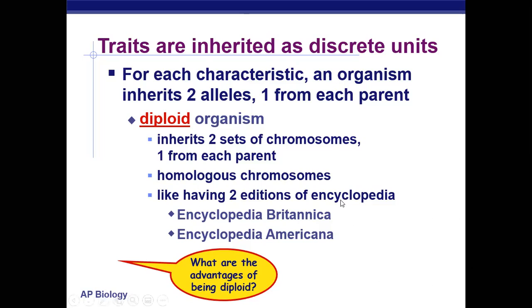So it's like having 2 editions of an encyclopedia. You have Encyclopedia Britannica, that would be from your mom, and it has all the information that you need from your mom, and then Encyclopedia Americana from your dad, and it's all the information you need from your dad. What are the advantages of being diploid? I'm going to pretend you all answered me. If you have a chromosome that is recessive in a bad way, such as a genetic mutation or something that is life-ending, you have another chromosome to cover for it.